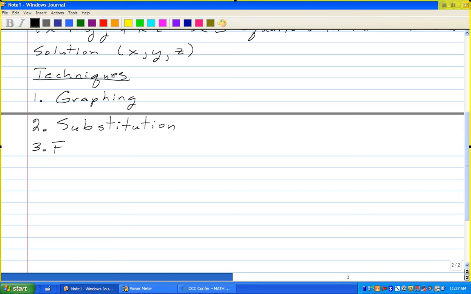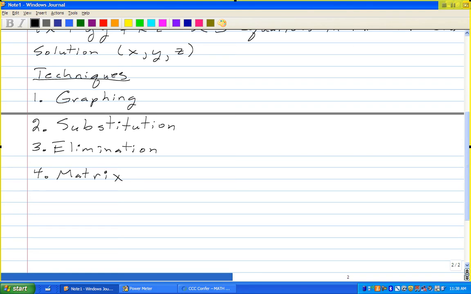The next one we did was elimination. And we'll mostly be using this. We'll almost exclusively be using elimination to do this. Next was the matrix methods. And we didn't really do any of the matrix methods back in Chapter 3.